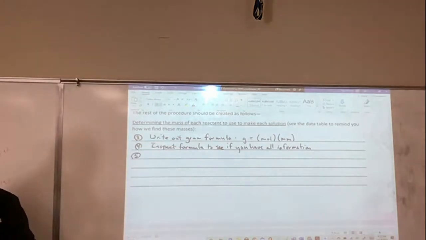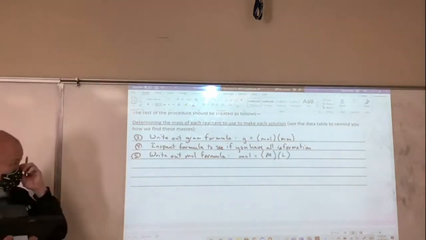Okay. Write out the mole formula. Moles equals molarity times liters.